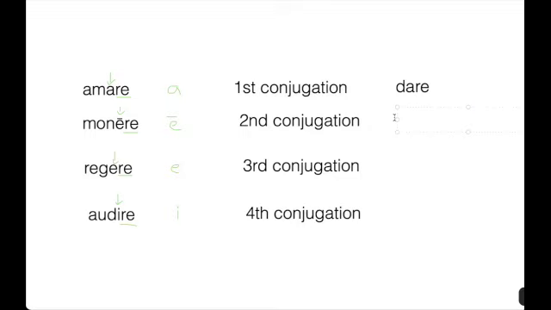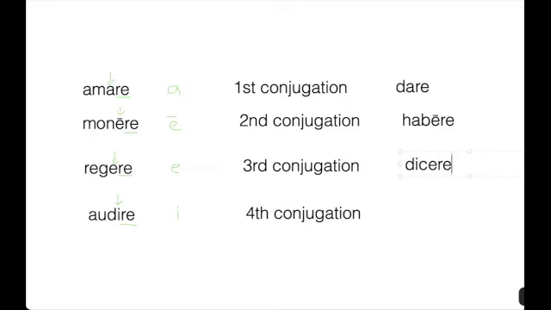A second conjugation verb would be habere. Oops, sorry, I forgot to write it with the macron, the long E. Habere. We have a long E before the RE. An example of a third conjugation verb would be dicere.